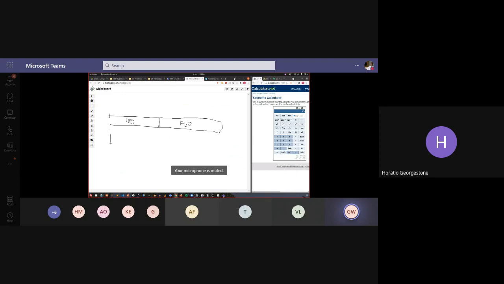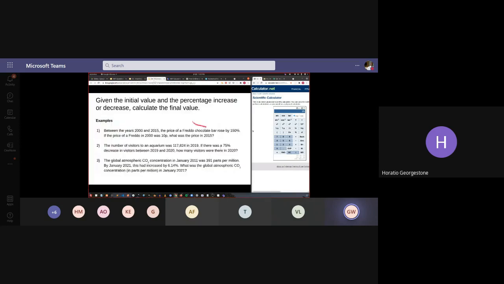That means that the final amount is 250% of the initial amount, because 100% plus another 150% is 250%. So therefore, we could just take the initial amount and times it by 250%, which is 2.5, 250 over 100, and we get the answer more directly. So if you're happy thinking about that kind of thing, you can save yourself some calculator time.